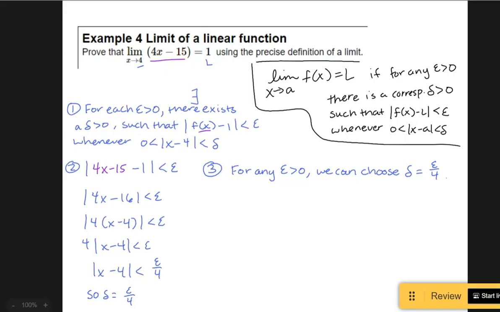Now we can assume that that's my epsilon. So that was this right here.